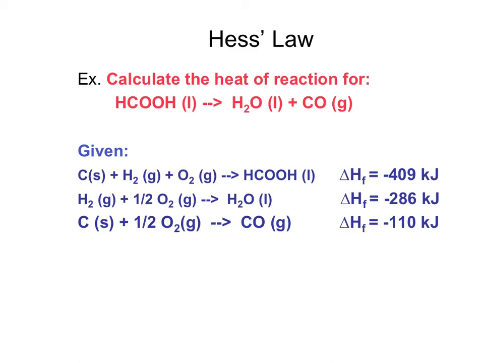Okay, now we're going to use Hess's law, which says, we don't know how to calculate the heat directly for this formic acid molecule decomposing to form water and carbon monoxide. Well, let's say we don't have it, but we can calculate it given this information right here. Everything I told you about Hess's law we're going to use here.